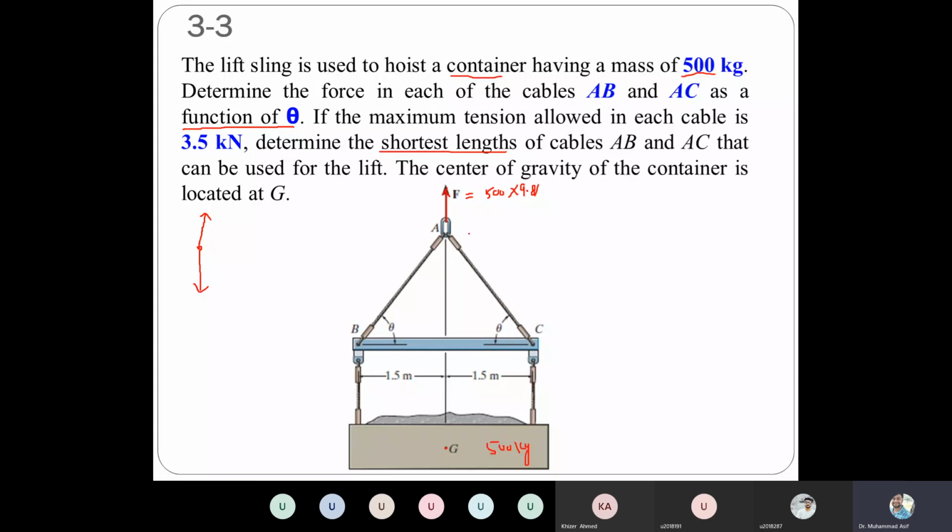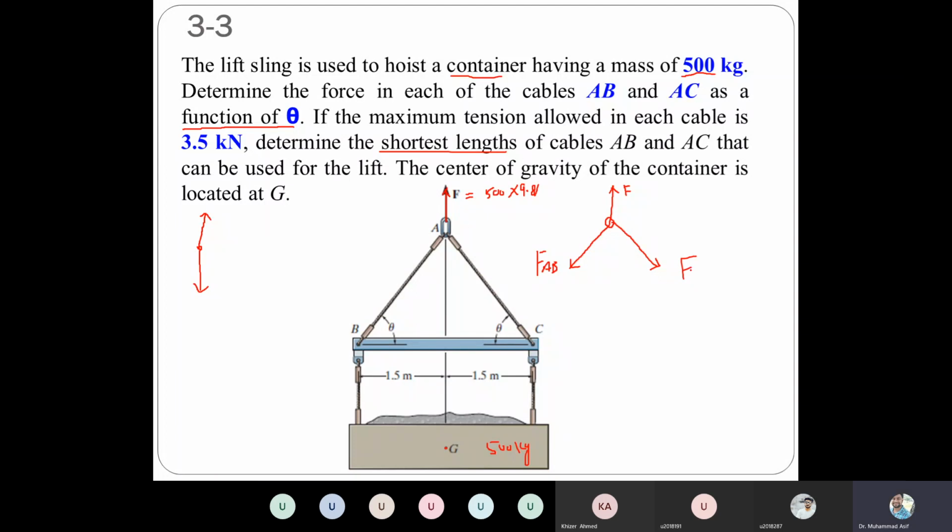So we can draw the free body diagram of point A. At point A, we have a force in the upward direction, which we call F, and then one of the forces is, let's say, FAB, and another force is FAC.